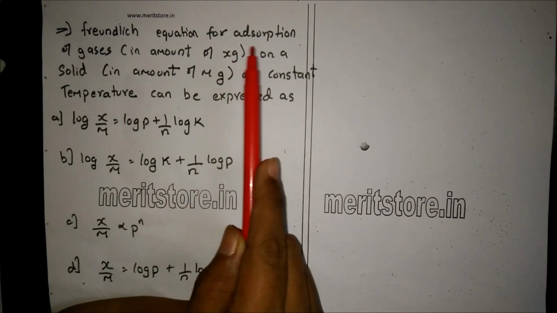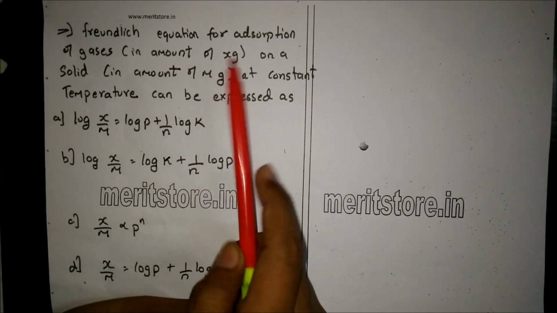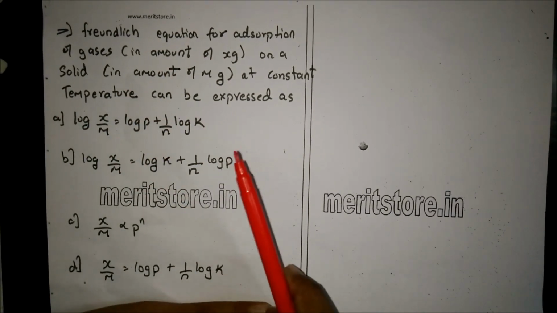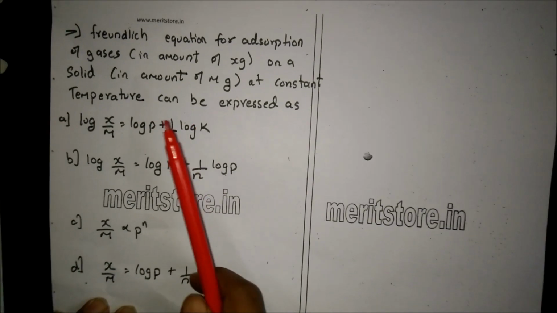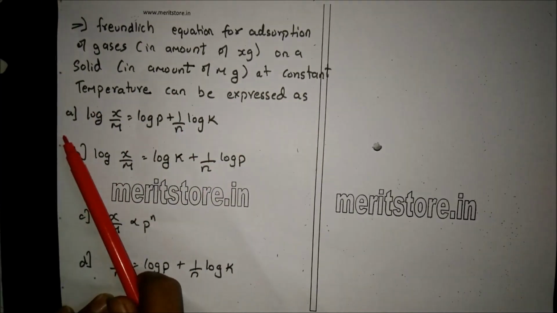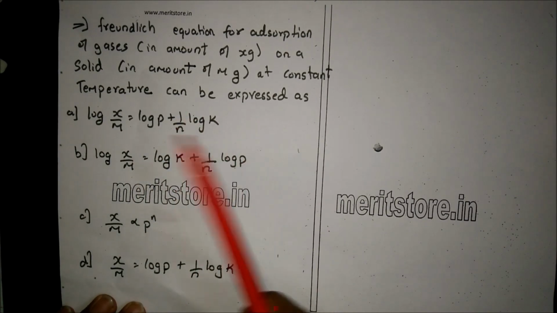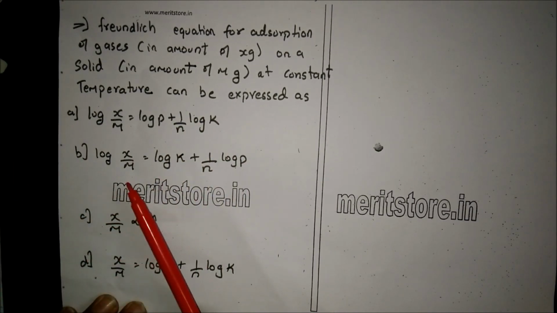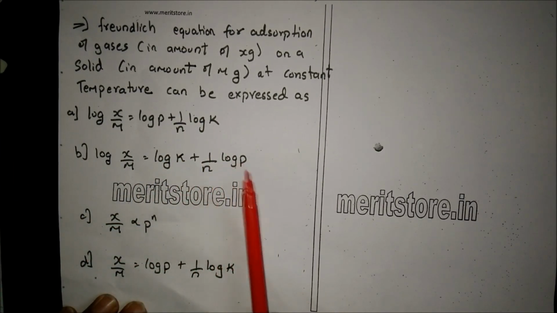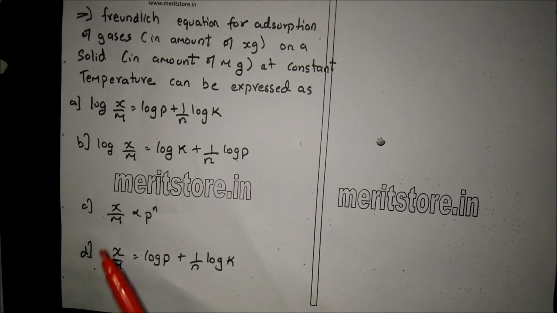Freundlich equation for adsorption of gases in amount of x g on a solid in amount of m g at constant temperature can be expressed as A. log x/m = log P + 1/n log K. B. log x/m = log K + 1/n log P. C. x/n is directly proportional to P raised to n.